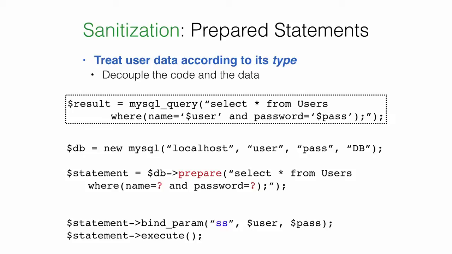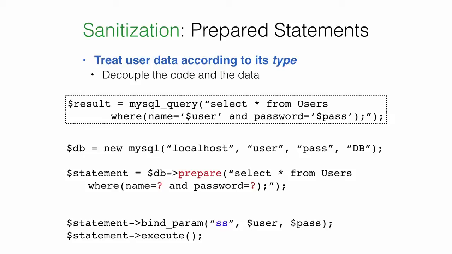The filling in comes as a separate statement, with the bind param call. The bind param call takes a format string which specifies how many arguments are to follow and what their types are. The statement has two question marks, so it expects two arguments, and therefore the format string has two format specifiers, here SS, where S stands for string.